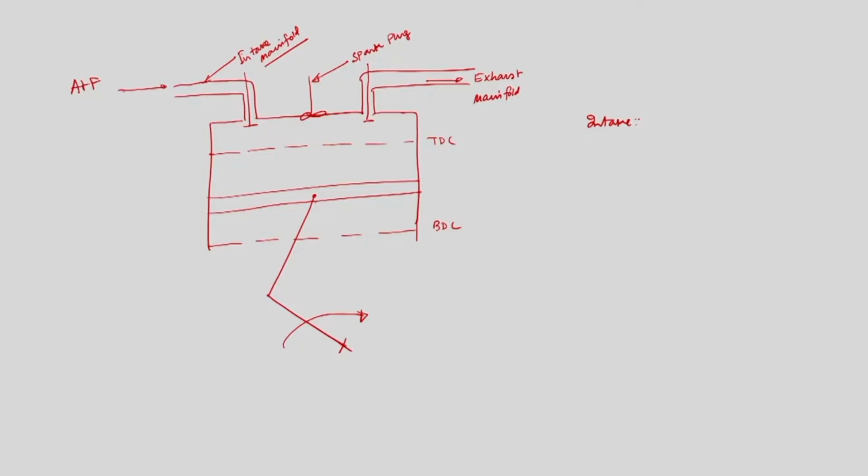Because of the combustion, there will be huge pressure and temperature again, and that pressure will try to create a thrust on the piston face. As I said, the piston is essentially of cylindrical shape. At the piston face, that high pressure will create a thrust, and it will allow the piston to come down from TDC to BDC, and this is known as the power stroke. Since at the end of the compression stroke the piston was at TDC, now there will be combustion.